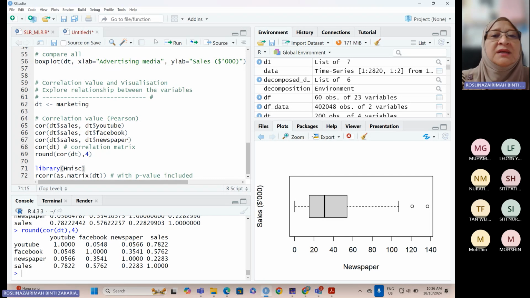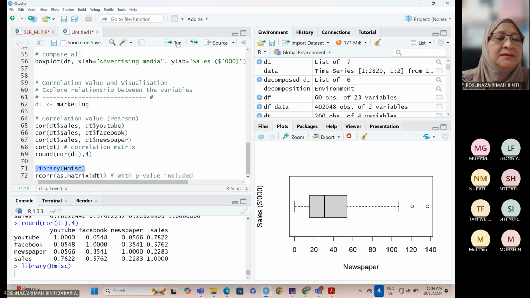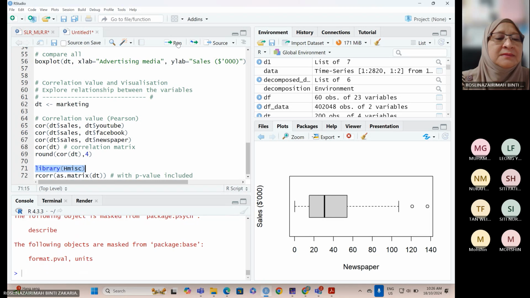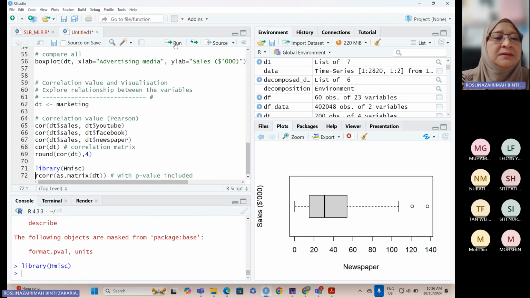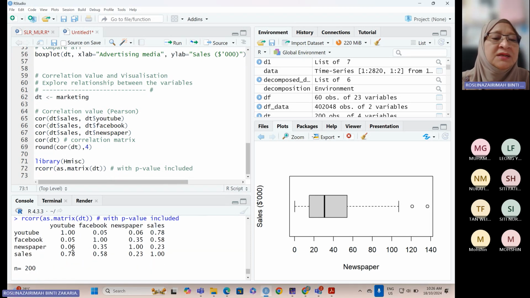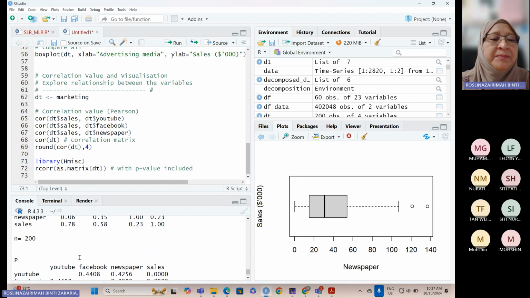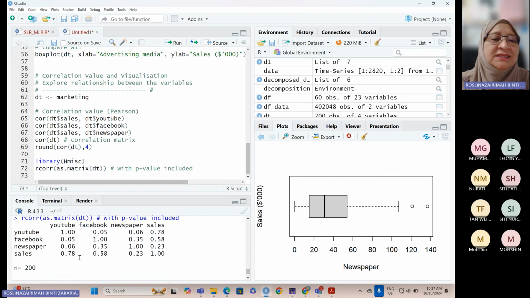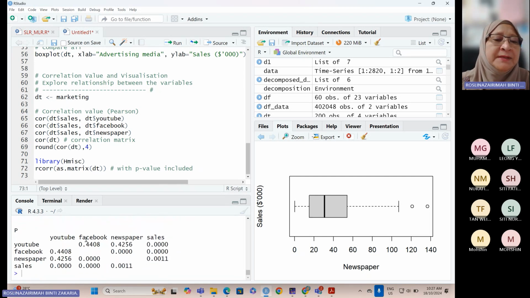We can use another function called rcorr, but you need this library, Hmisc. Because sometimes when we do correlation, some papers want the hypothesis.